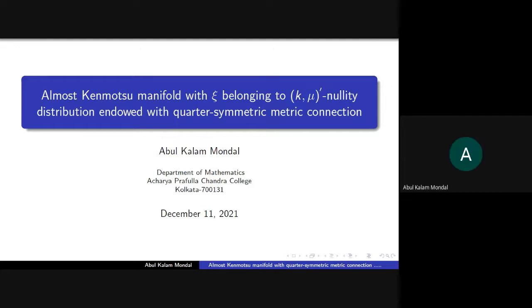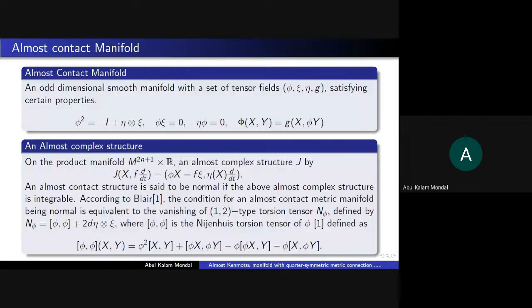Almost cosymplectic manifold with ξ belonging to the (k, μ)'-nullity distribution endowed with quarter-symmetric metric connection. There are some basic definitions. An almost contact manifold of odd dimension is a smooth manifold with a set of tensor fields (φ, ξ, η, g), where φ is a (1,1) tensor field, η is a characteristic one-form, ξ is the characteristic vector field, and g is a Riemannian metric, which satisfy some conditions.